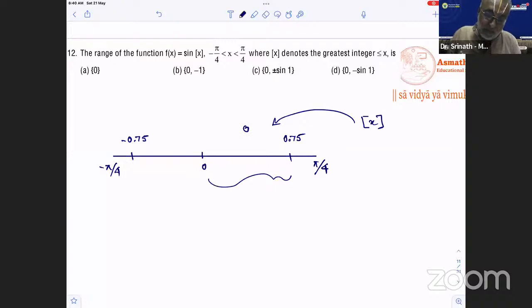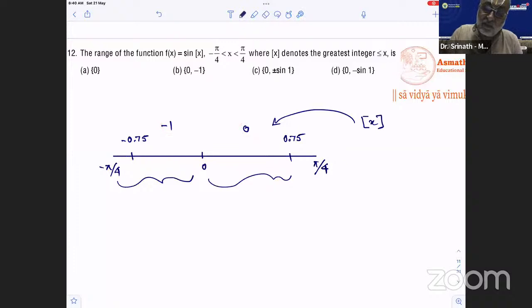When x lies between minus pi by 4 and 0, its greatest integer value will be minus 1. Now, what we have is sine of greatest integer x. So we have to take the sine of this. So when x is lying between minus pi by 4 and plus pi by 4, your greatest integer value is taking only minus 1 and 0.